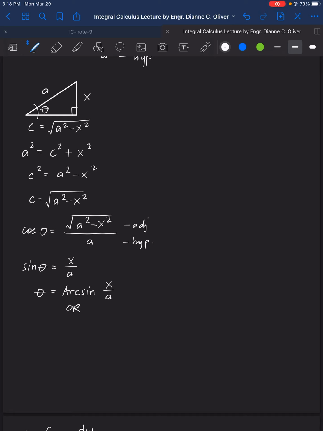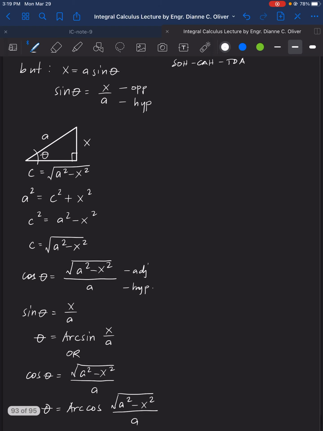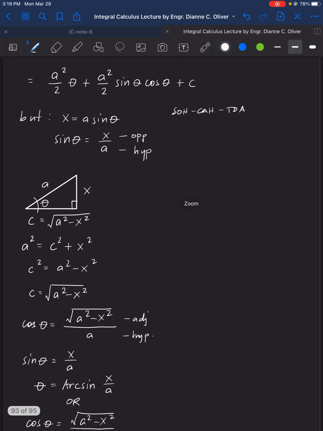Or if we're dealing with cosine theta, which is equal to the square root of a squared minus x squared all over a, our theta becomes arc cosine of the square root of a squared minus x squared all over a. So we can have two values for theta, the arc sine and the arc cosine. Substitute the values here.